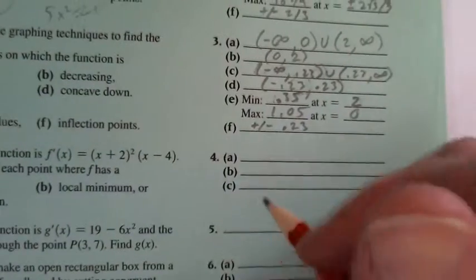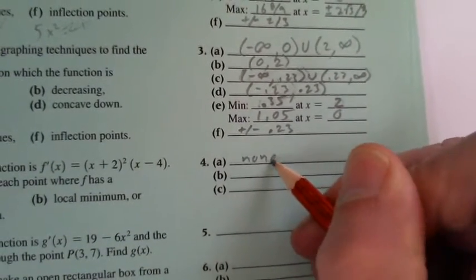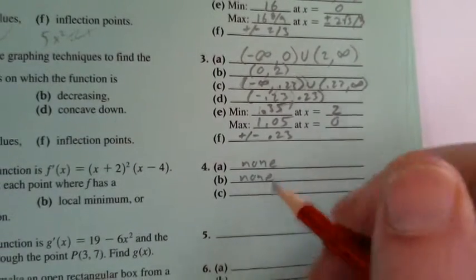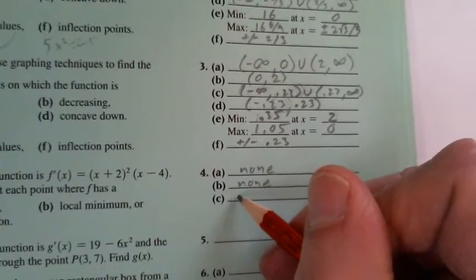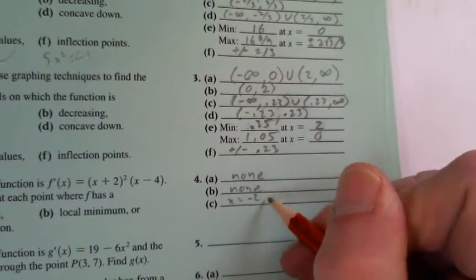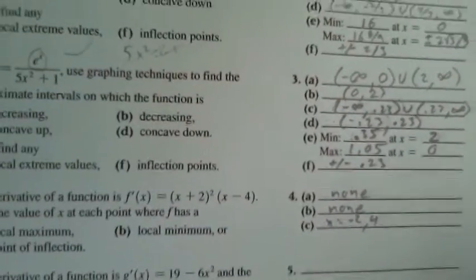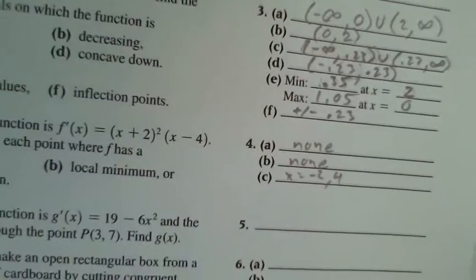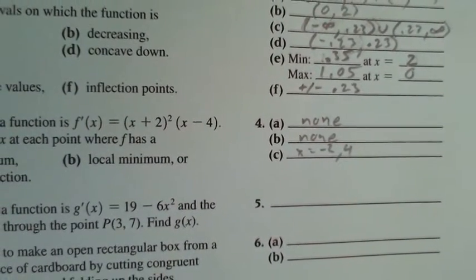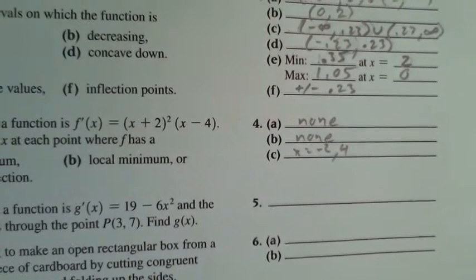So local max would be none. Local min would be none. And point of inflection would be x equals -2 and 4. It's really cool. Interesting. Very, very interesting. How about that?